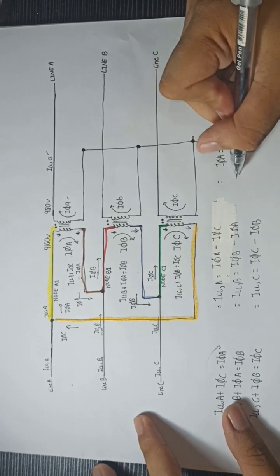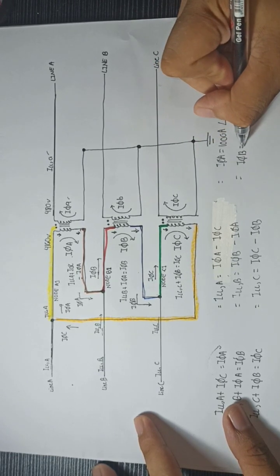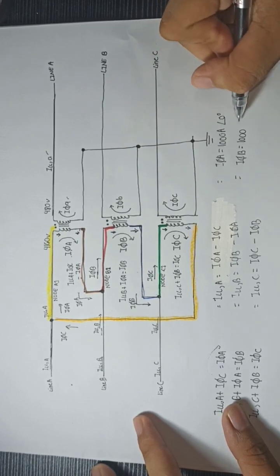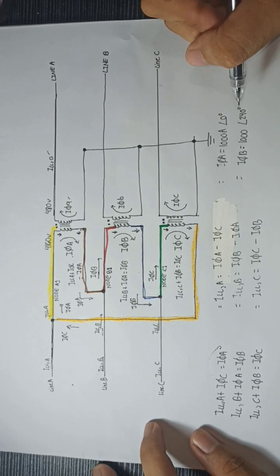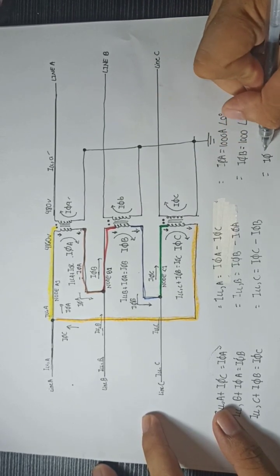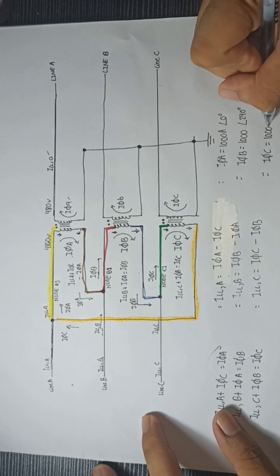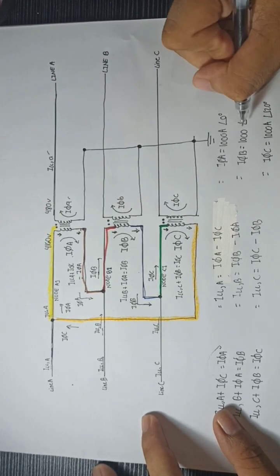And phase current B is 1000 amps at 240 degrees. And lastly, phase current C is 1000 amps at 120 degrees.